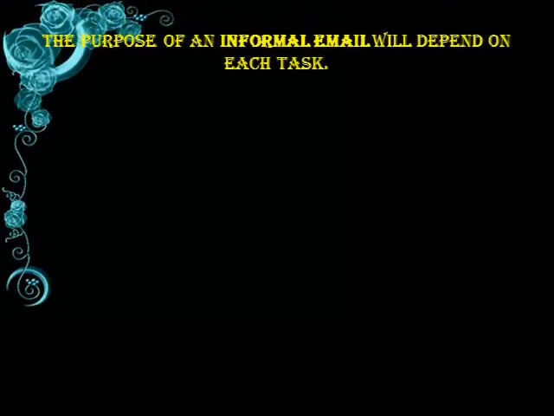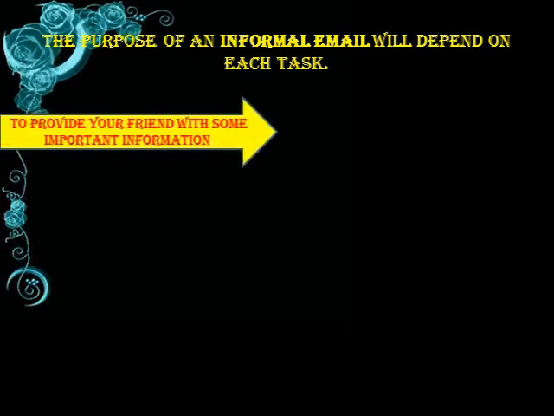First of all, you have to know what is the purpose of an informal email, and this will depend on each task. By this we mean why you are writing your email, to whom you are sending, what is the purpose, what is the reason you are writing. For example, maybe you are writing your email to provide your friend with some important information.